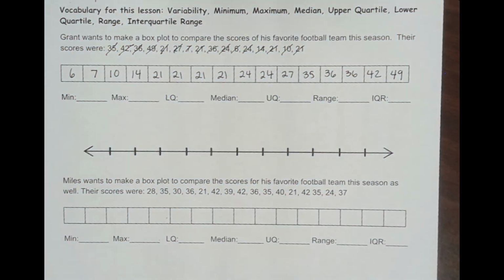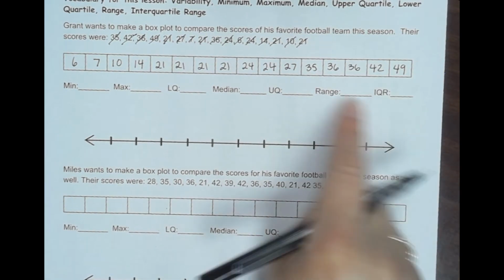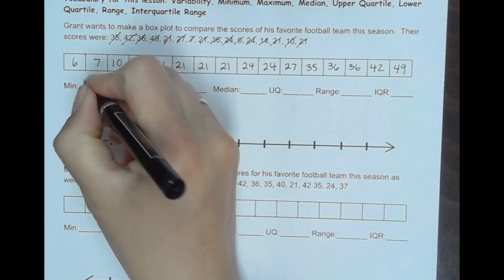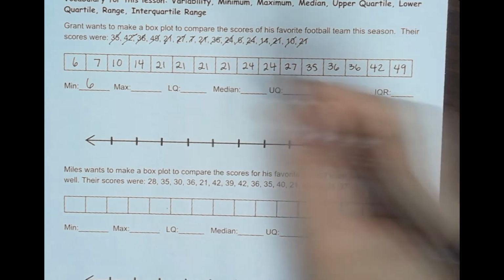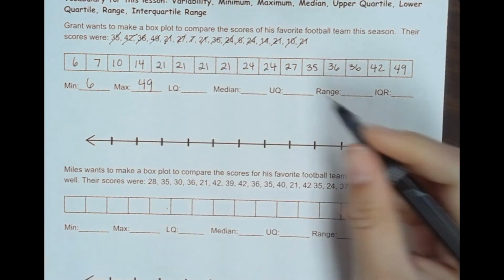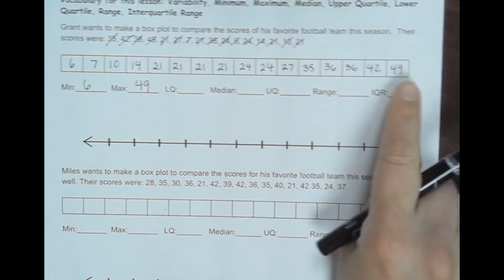Alright, so now that we've done that, we can find the minimum, the maximum, lower quartile, median, upper quartile, range, and interquartile range. It goes right back with what we did on the last journal. So the minimum is 6, the maximum is 49. We can't find the lower quartile or the upper quartile without finding the median first. So let's find the median.